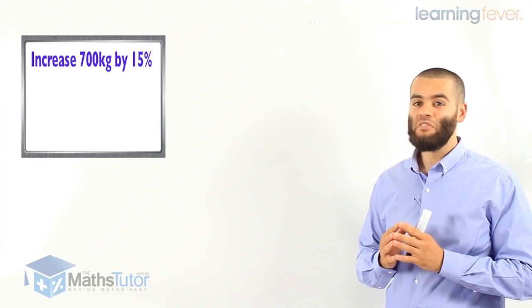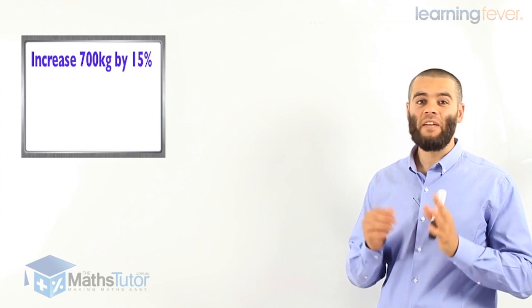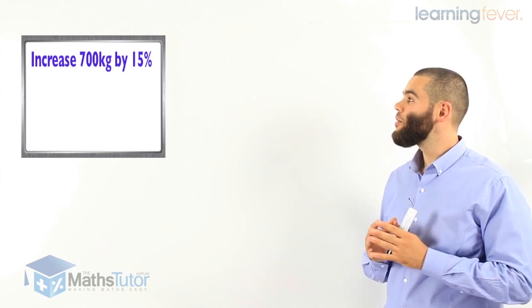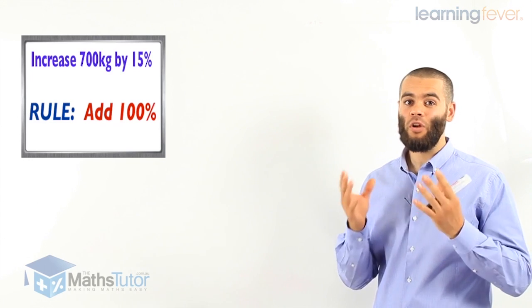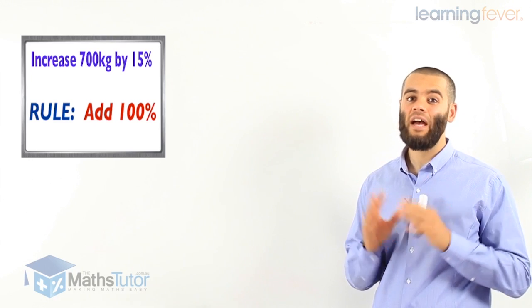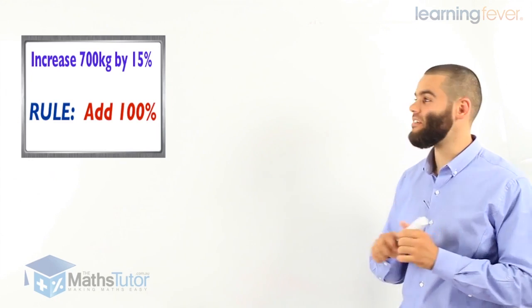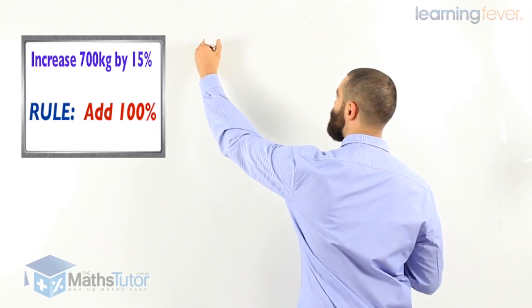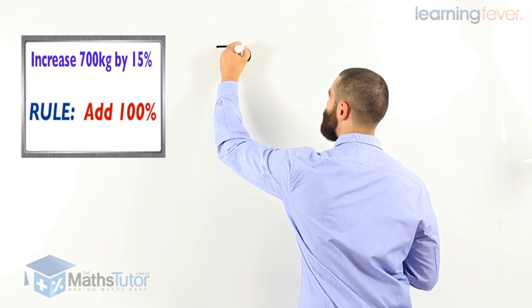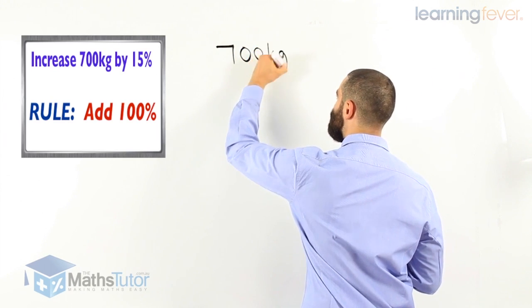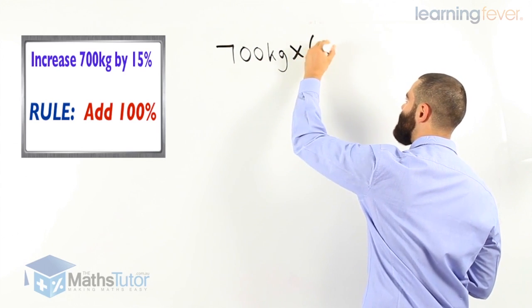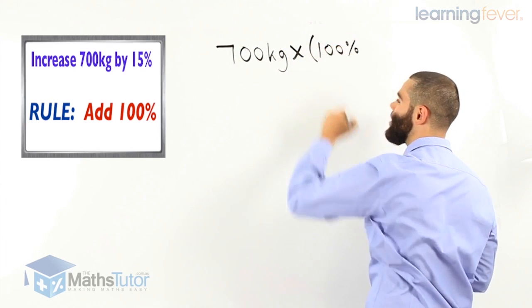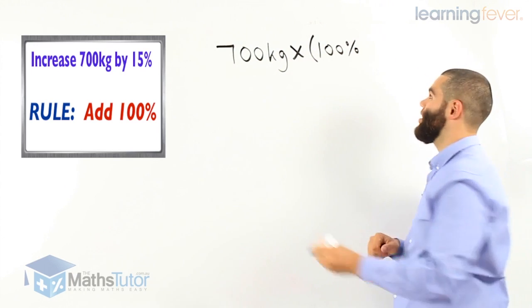The next example says, increase 700 kilograms by 15%. So we're increasing one more time. What do we add to the percent? We add 100%. So 700 kilograms times the 100% we're going to add to the 15%.